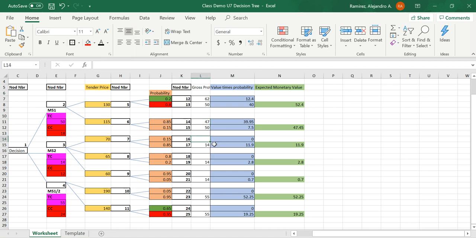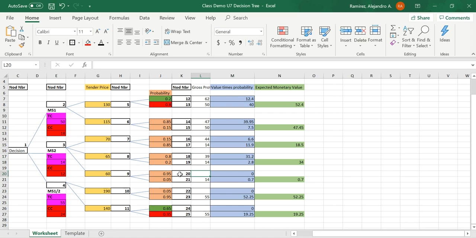So let's continue doing that one all the way. In this case I have 70 minus 14 minus 12. Then I have equals 65 minus 14 minus 12.